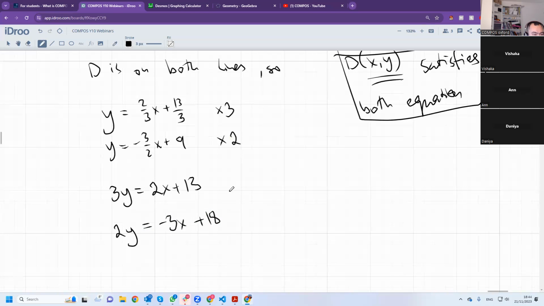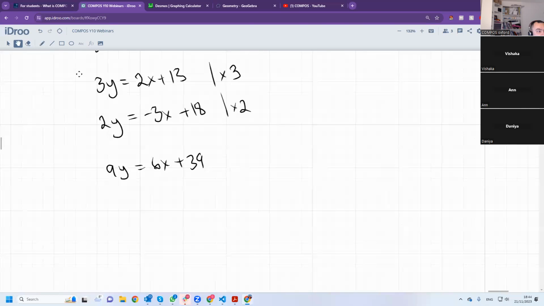What can I do? Times by 3, and this times by 2. So 9y equals 6x plus 39. And this is going to be 4y equals minus 6x plus 36.